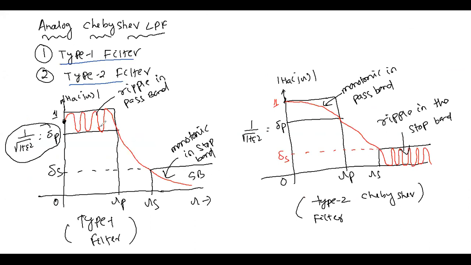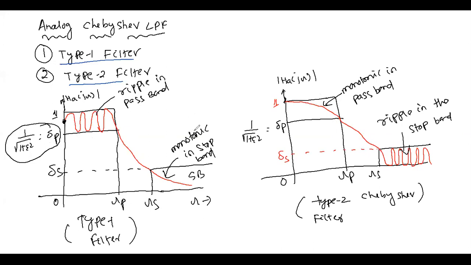In the type 1 filter, there is ripple in the pass band and monotonic nature in the stop band, while in the type 2 filter, it is monotonic in the pass band and ripple in the stop band, just the opposite of type 1. As I said, initially I took del P, but if people are confused, you can use this notation: 1 by root over 1 plus epsilon square equals del P. Correct, no problem.